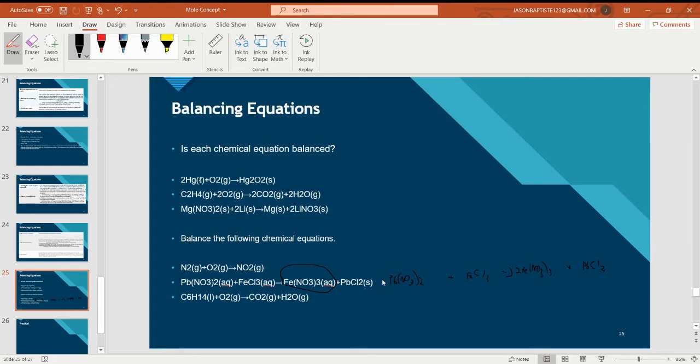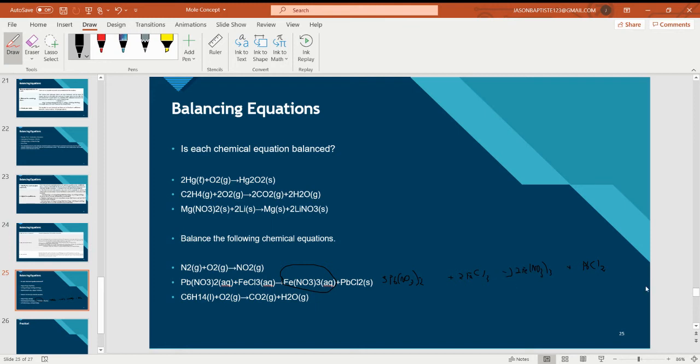And we can add a 3 here. So we have 6 nitrates on both sides. Now, we have 2 iron here, right? But we need 1 iron on this side. So we want to put a 2 on here, and now the irons are balanced, the nitrates are balanced.